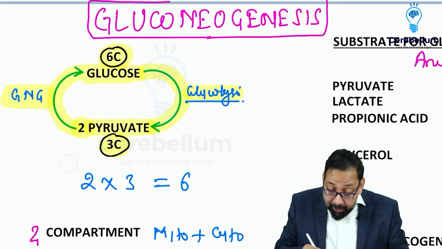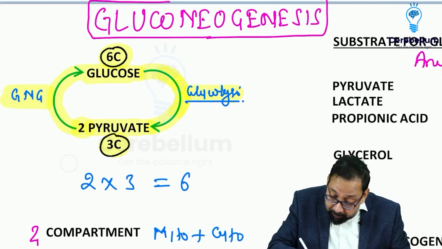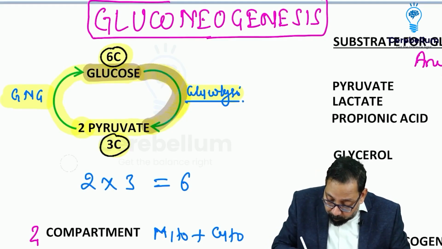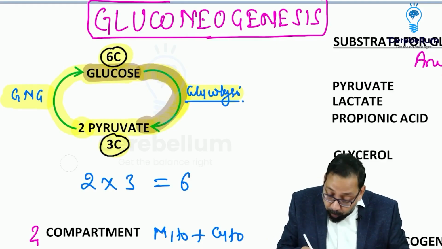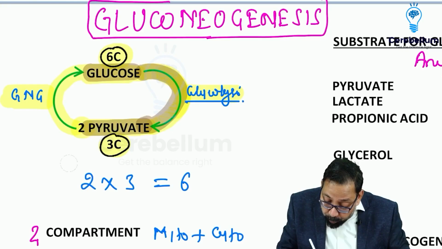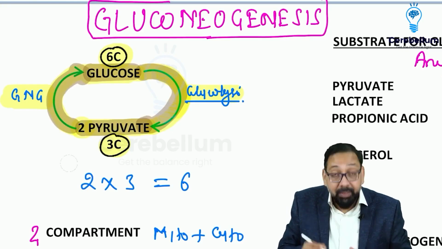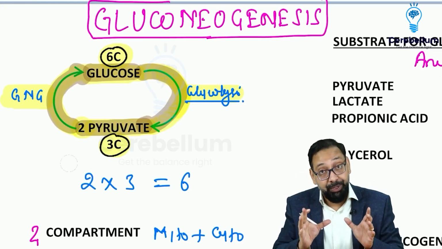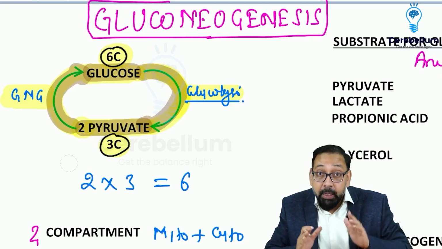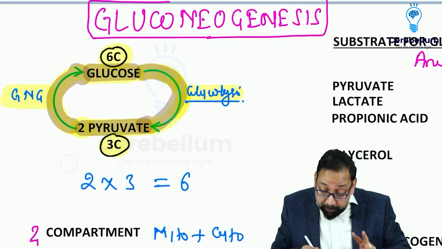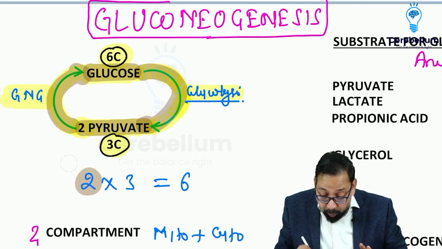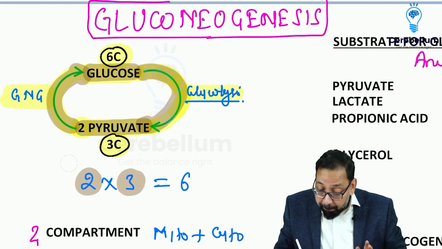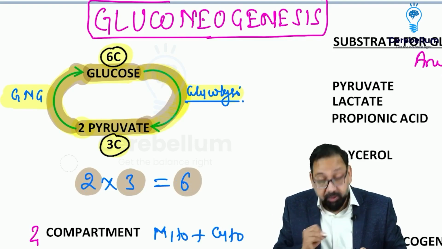So glycolysis means conversion of glucose to pyruvate, and gluconeogenesis means joining of 2 pyruvate to make glucose. These are 2 opposite pathways. For the time being, we can make a mnemonic that 2 molecules of 3 carbon compound make glucose having 6 carbons.